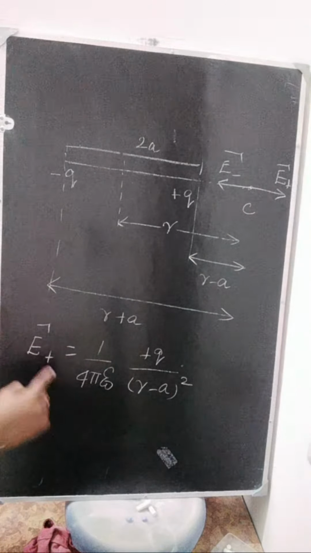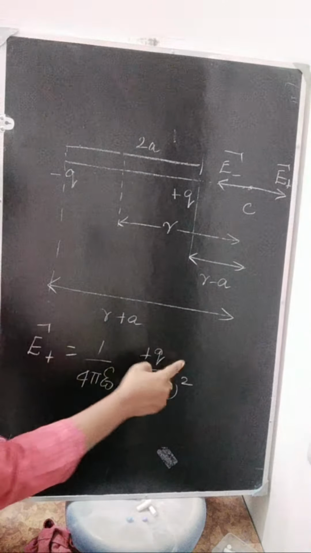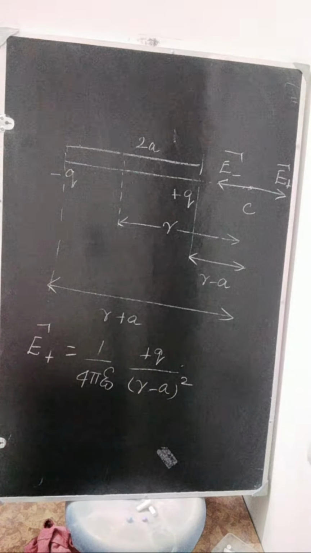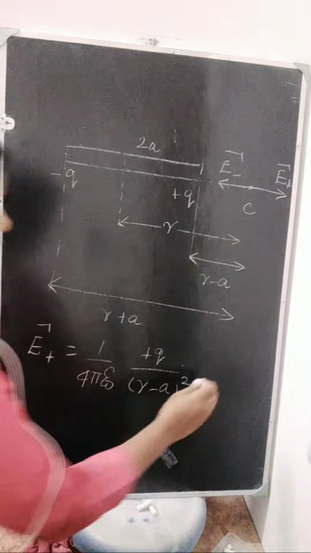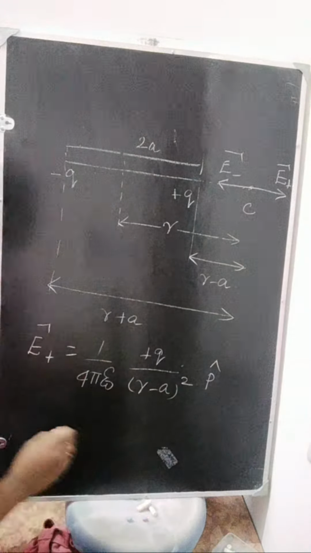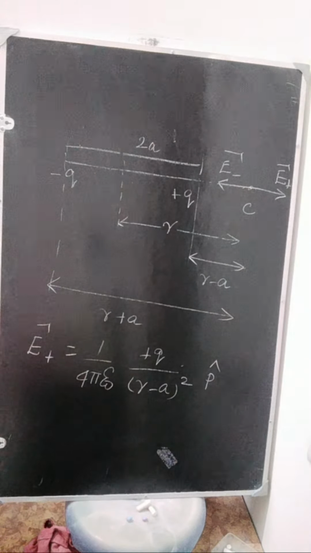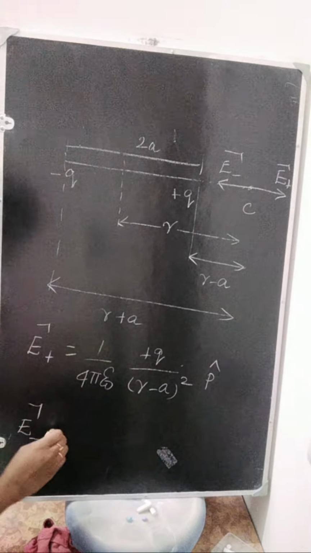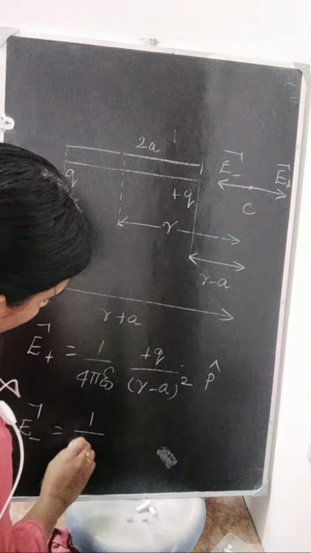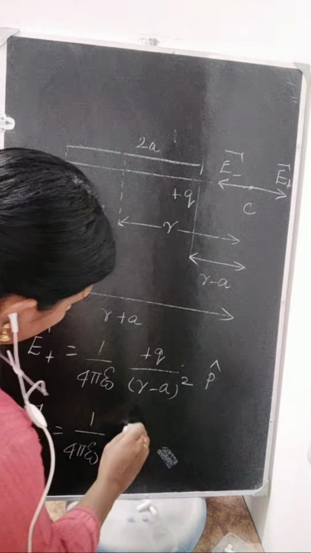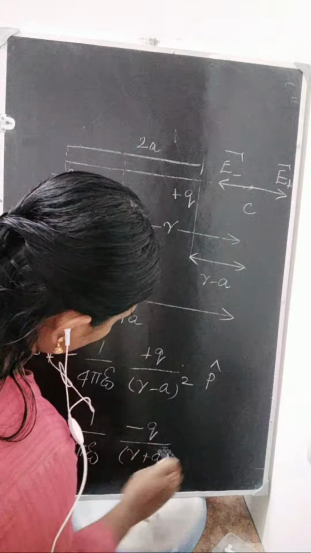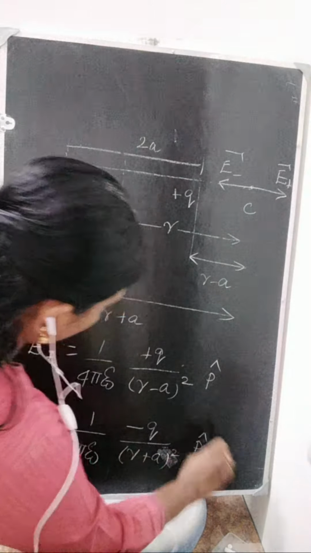So E plus will be 1 by 4 pi epsilon naught plus Q divided by R minus A the whole square. And consider the dipole moment, which is P cap. The next one is E minus Q. E minus Q will be 1 by 4 pi epsilon naught minus Q divided by R plus A the whole square into P cap.